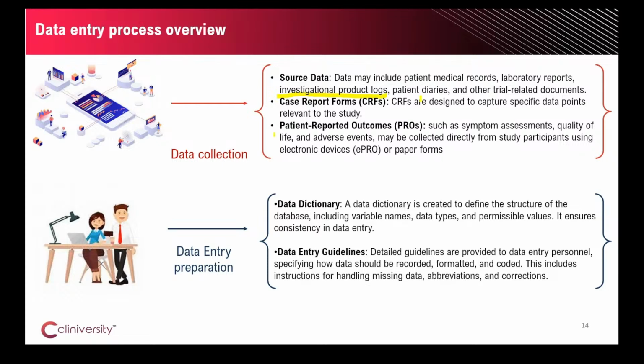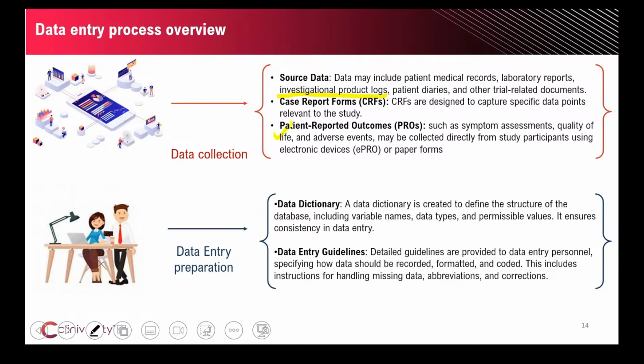Then you also have the patient reported forms. Now, the patient reported outcomes, or in some cases, it's also called eCOA, or the clinical outcome assessments. Now, these are all the symptom assessments, quality of life questionnaires, and certain questionnaires which check for suicidal tendency.